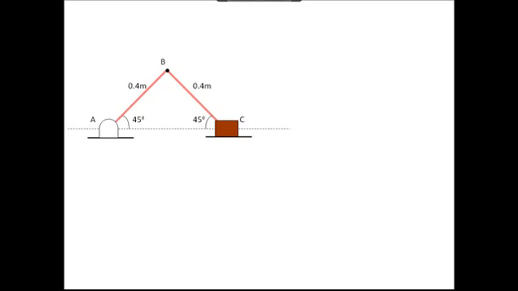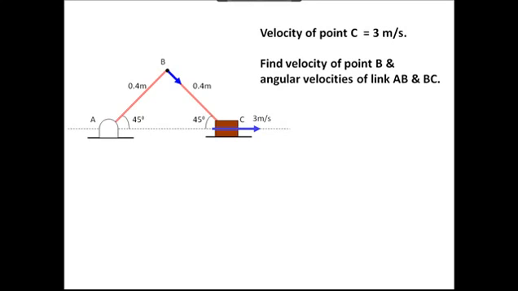We have been given the velocity of point C as 3 meters per second and we are asked to find the velocity of point B and the angular velocities of links AB and BC. See how we go about it. From previous videos, you know that the instantaneous center for AB is A, and the instantaneous center for link BC can be obtained by drawing perpendiculars to these blue velocities.